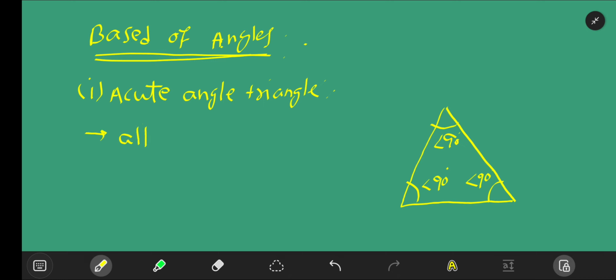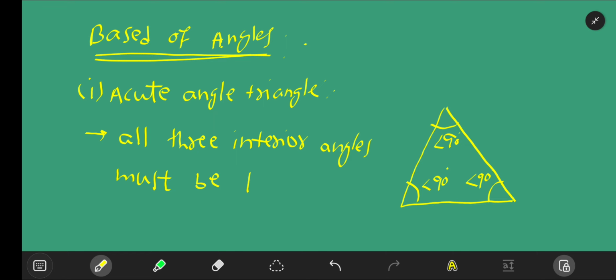All three interior angles must be less than 90 degrees.